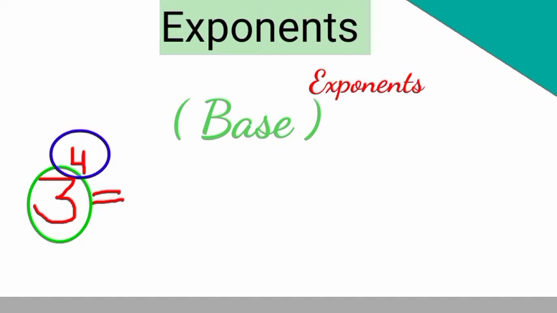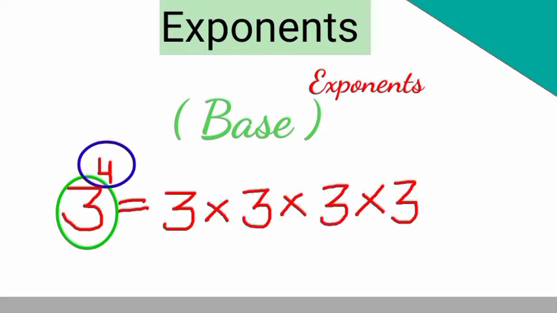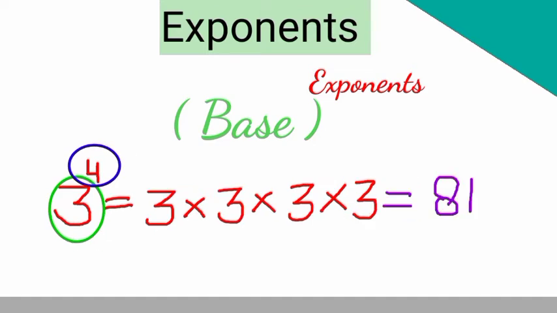It means 3 is multiplying by itself 4 times. So you can write it as 3 multiply 3 multiply 3 multiply 3. What does it mean? It means 3 3s are 9, 9 3s are 27, 27 3s are 81. So its value will be 81.